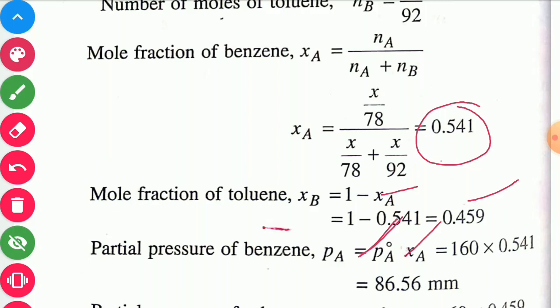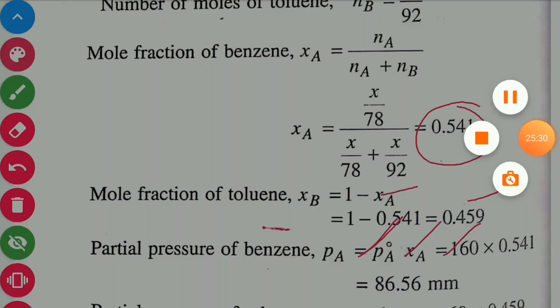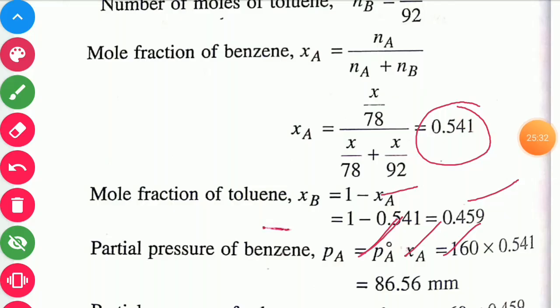So P naught A given in the question is 160 and XA is 0.541. So that will be equal to 86.56 mmHg.